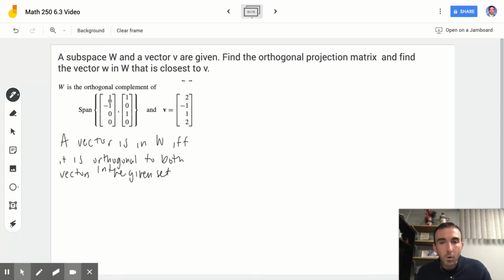So just like our early example, we're going to take each vector and write it out as a system to be solved. We can write it out like that.